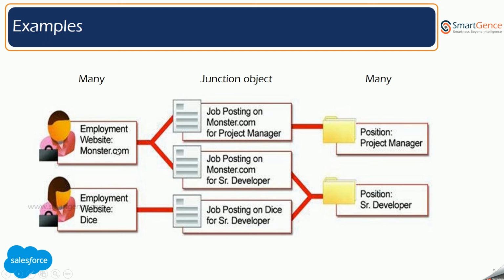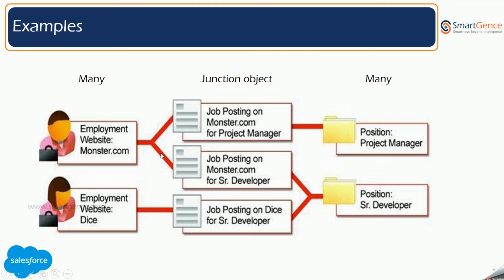The same monster.com has openings for project manager, senior developer, maybe associate and so on. Similarly, for the position project manager, we would have openings on monster.com or dice or Naukri or other employment websites as well. So multiple records in one object related to multiple records in another object is called many-to-many relationship, right?